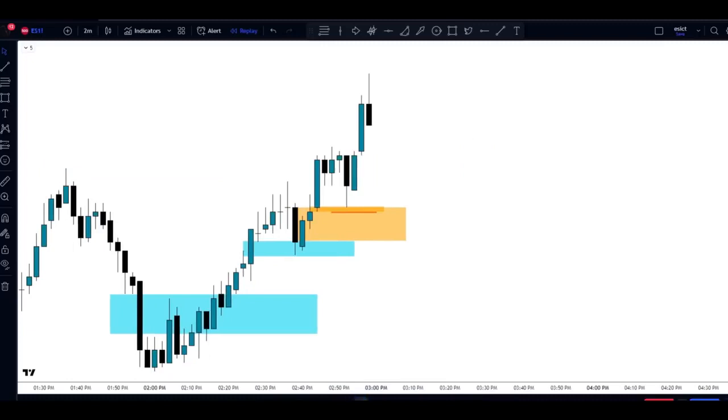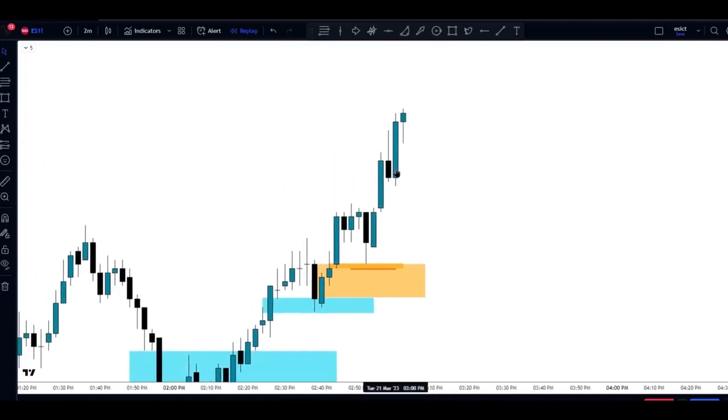Let's go forward. And then we had another fair value gap form right there. So then you could safely put your stop loss below here with the ITOB being there.